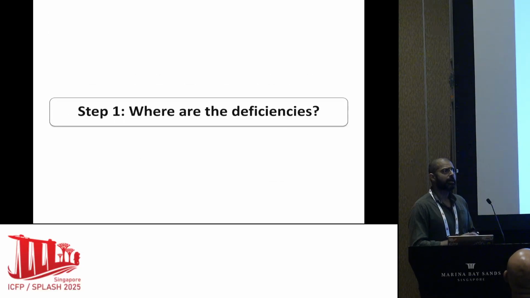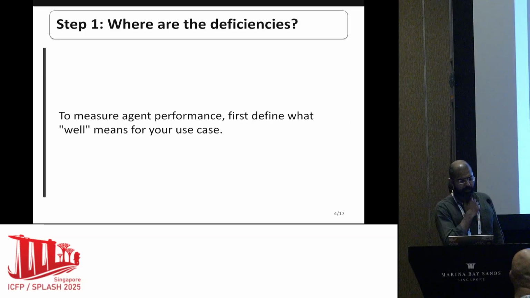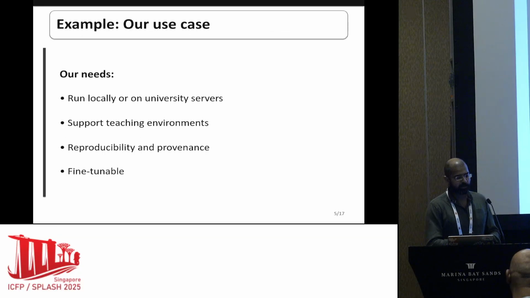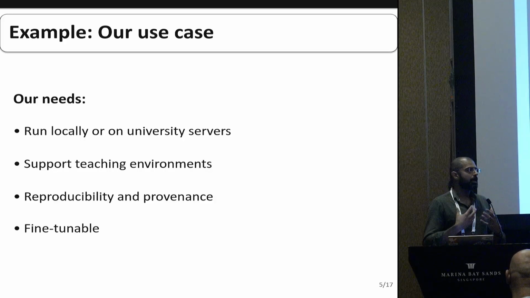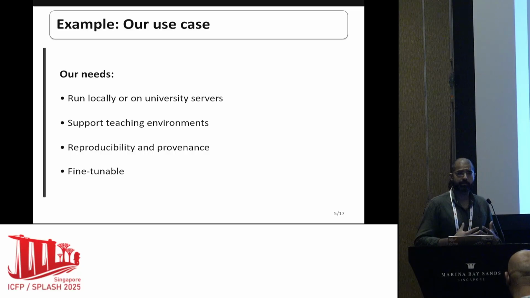So step 1 is determining where there are deficiencies at the moment. To understand where the deficiencies are, you need to measure performance for the use cases that you particularly care about. An example for us is we wanted a language model and a coding agent that first-year computer scientists could use to help them through some of the coding exercises on our first-year computer science course.